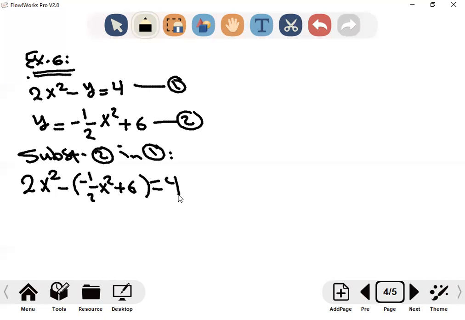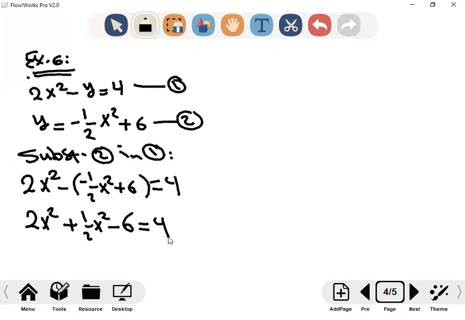First step, distribute this negative inside the parentheses, and don't forget, if the negative comes inside, it changes the signs inside, right? So here you have 2x power 2 plus half x power 2 minus 6, all equal 4. Now 2 plus half, 2 and a half x power 2.